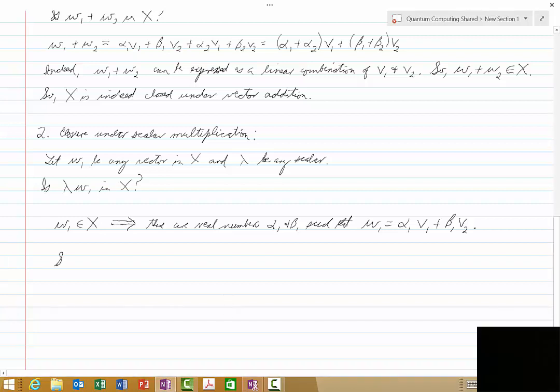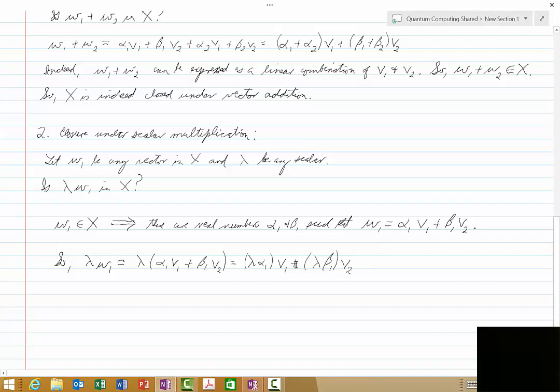So lambda W1 is equal to lambda times (alpha 1 V1 plus beta 1 V2). But that can be rewritten as lambda alpha 1 times V1 plus lambda beta 1 times V2.